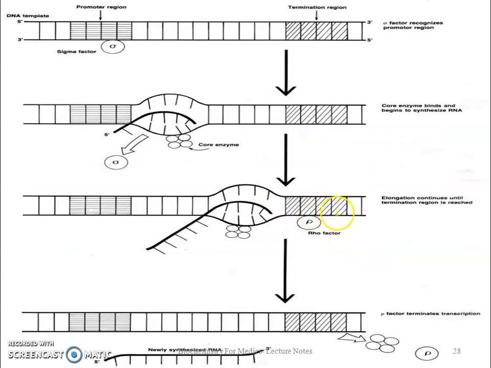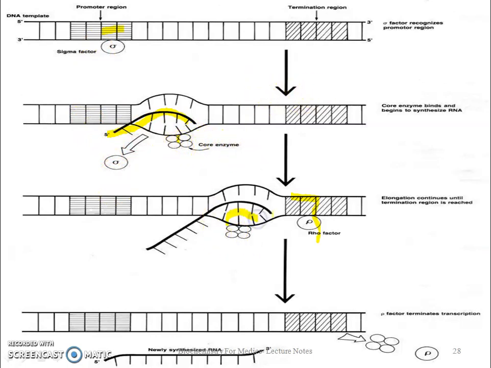Now, here you can see in the sketch. Here you can see this is the promoter region, and then the mRNA is made here. This is the core enzyme, where it has left the sigma factor here only. Sigma factor is left, and now the core enzyme is moving forward.